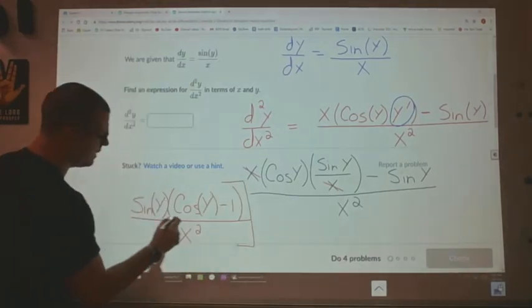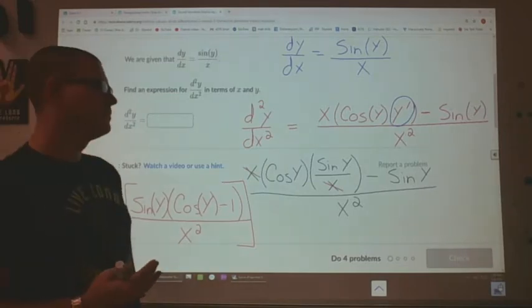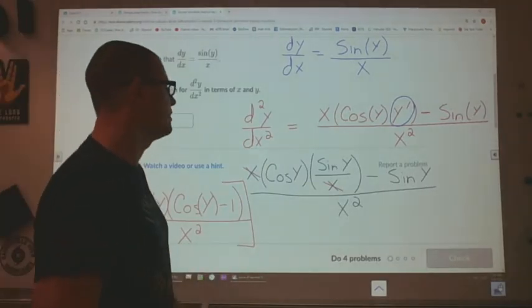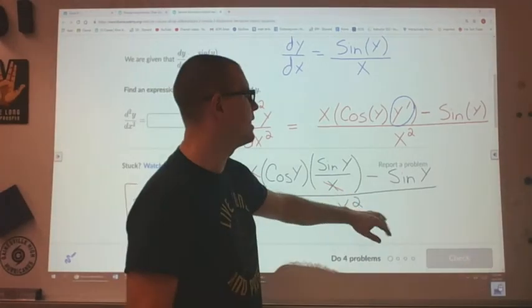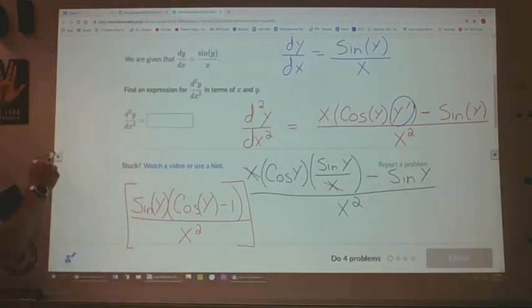And that's going to be my second derivative. Now that takes time. You're going to be patient and just kind of slowly work your way down, especially with the trig in there. But let's see if we can then type that in.